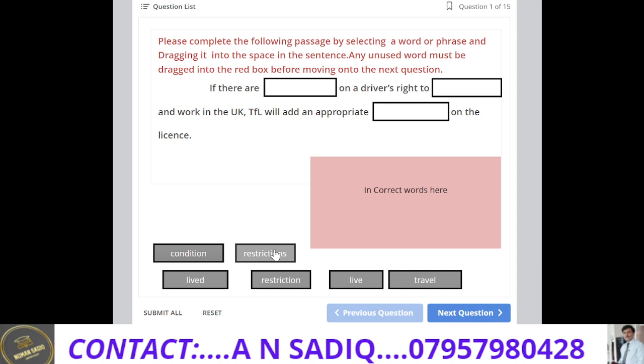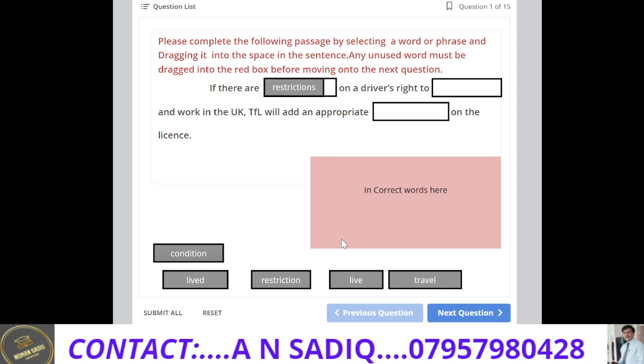After that you will drag the word like this, and put this word into this blank space. When you have reached here, you release your finger from the left button, and this word will automatically fit in this blank space.